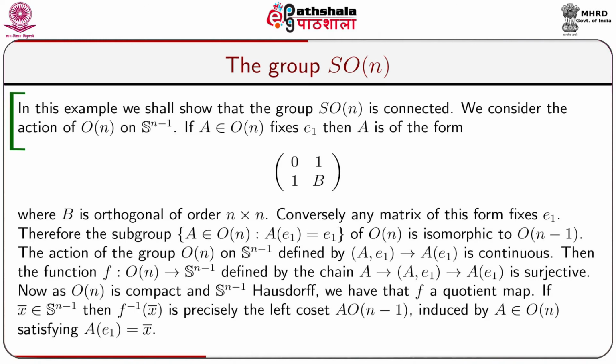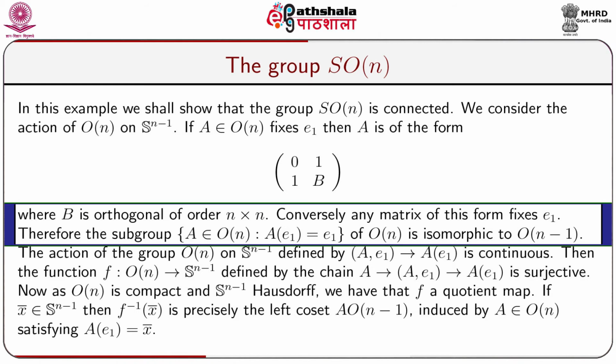Note that if A belongs to O(n) and if A(e1) is equal to e1, then A has the form [1 0; 0 B], where B is an orthogonal matrix.